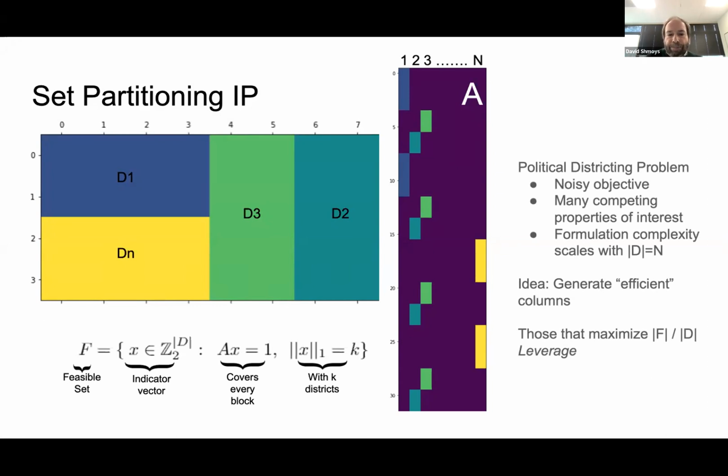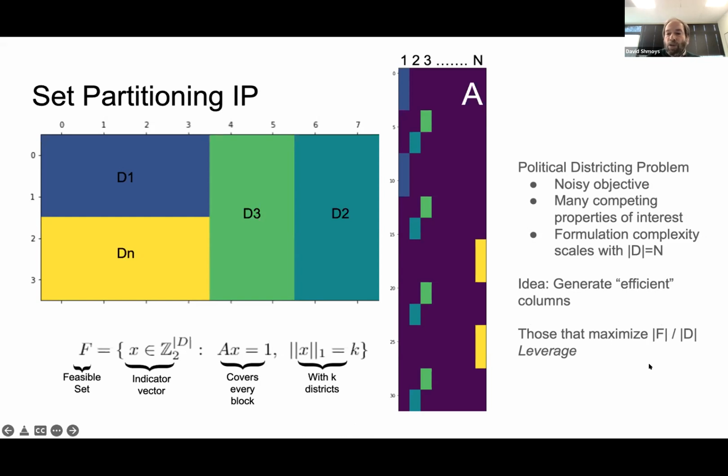And what I want you to think about is that, as I'm trying to optimize over a collection of how I'm thinking about maps, suppose I don't do a complete enumeration, but a partial enumeration of all the columns. What I'm interested in is how dense a feasible set of full plans I generate relative to the number of columns that I generate.